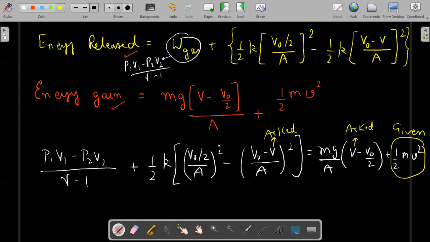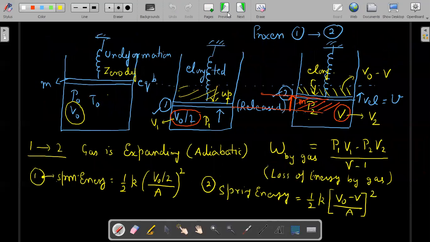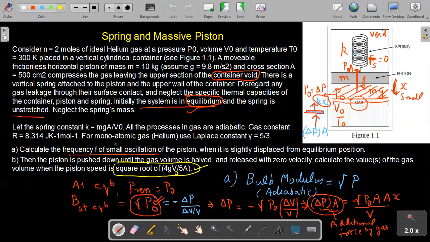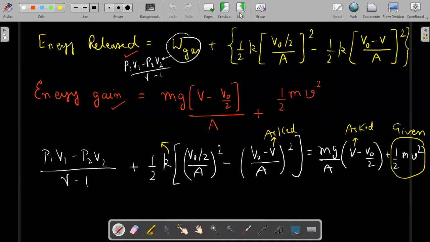No issue. The spring constant is also given to you as mg capital A over V naught. That is the value of the spring constant, mg A over V naught. V2 is actually V and that is required.